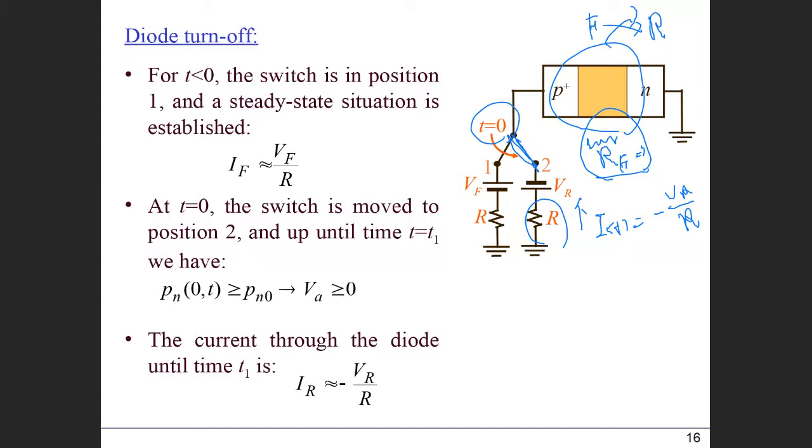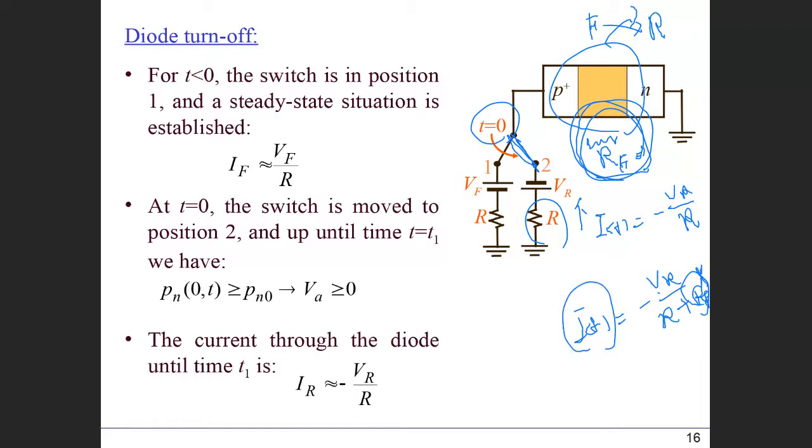When this resistance is increased, your total current is limited by this resistance across the diode, and the current decreases.